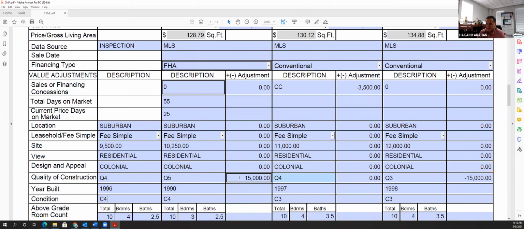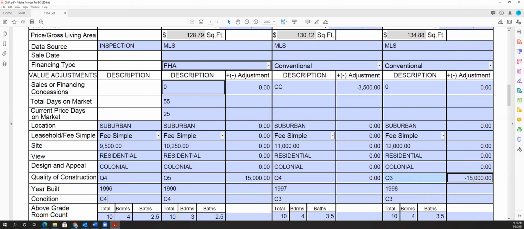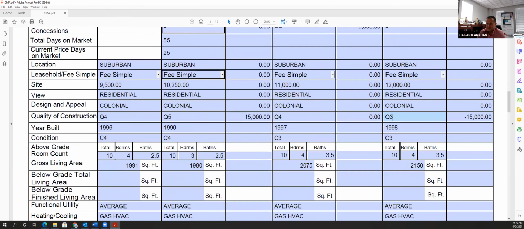Do you see the difference, how the price adjustments are made? So Q5, since the quality is worse than our subject, they are going to get $15,000. And in here, since the quality is better than our subject, then we are going to do minus $15,000.